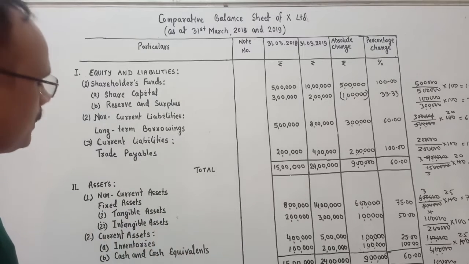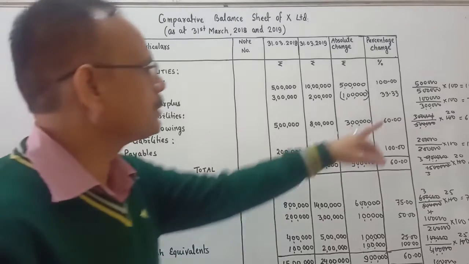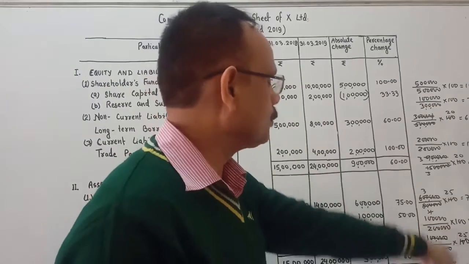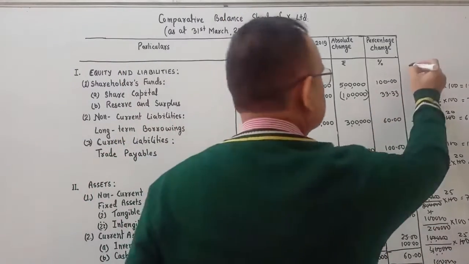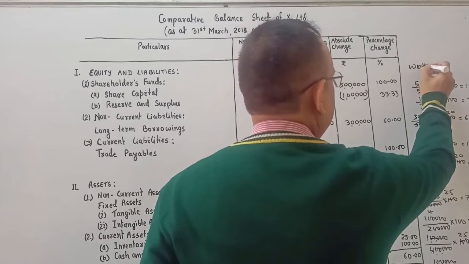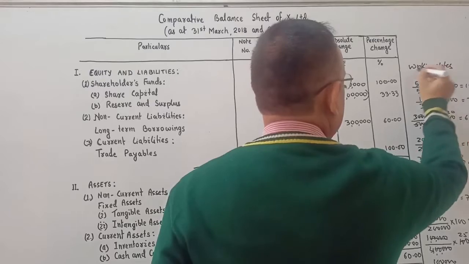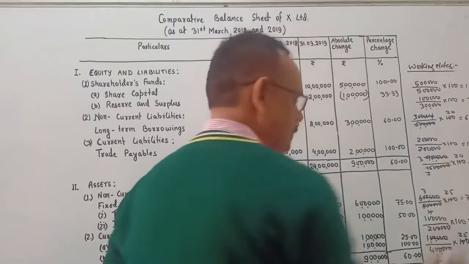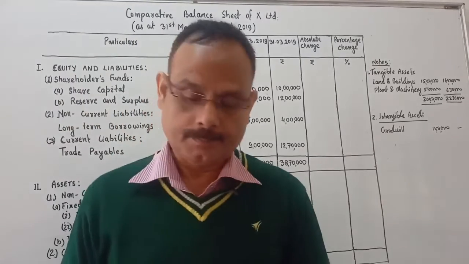This is the working note. I have done the working note over here. You can do the working note in other places as well. It's for calculations. Now come to the next question.